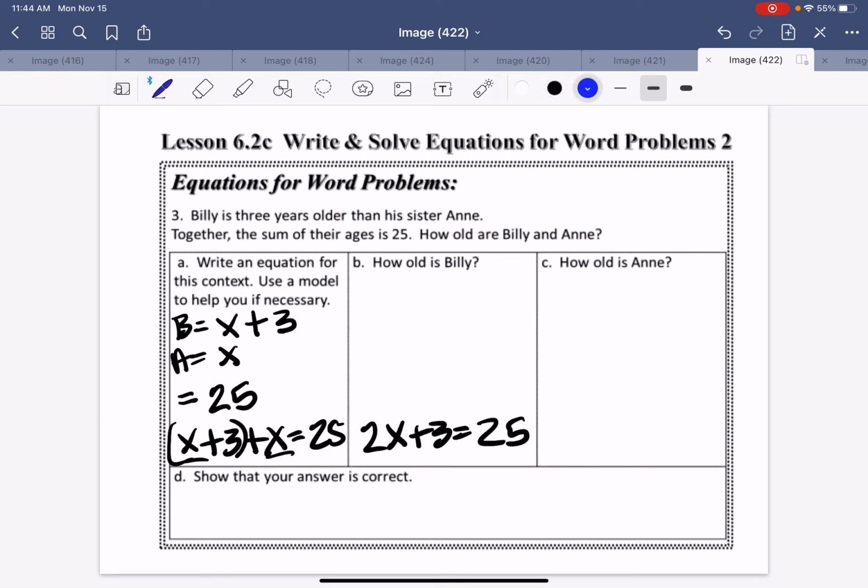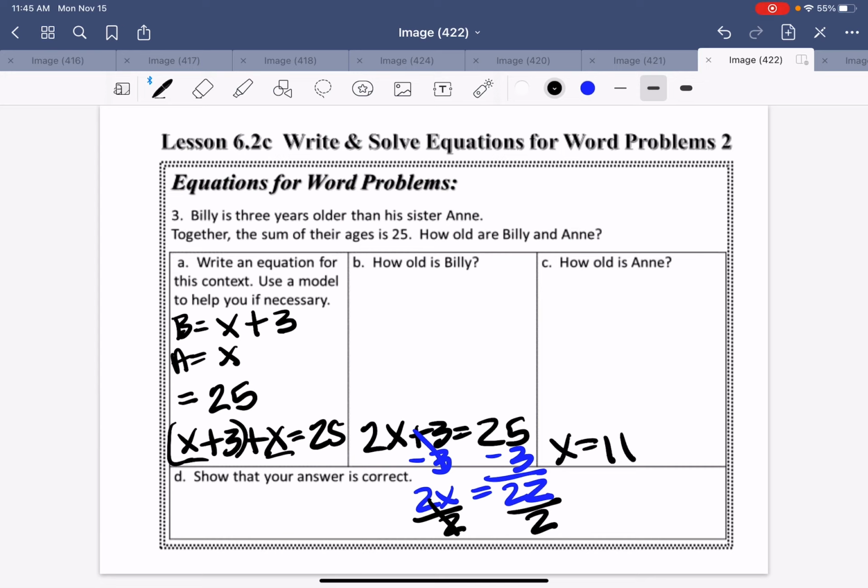Going back to my 2-step, I need to move the constant, so do the inverse, subtract 3. 25 subtract 3 is 22. I still have the 2x. Now I need to isolate the variable, so I need to move the 2, which is multiplying, so I'm going to divide. 22 divided by 2 equals 11, so x equals 11.